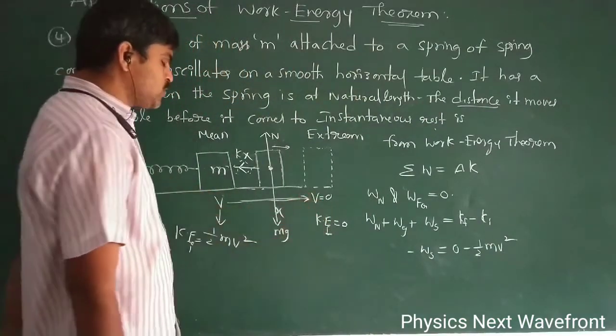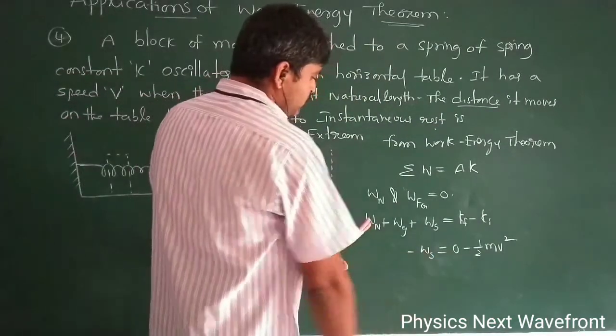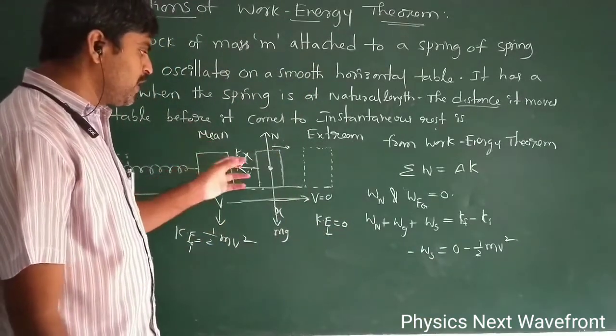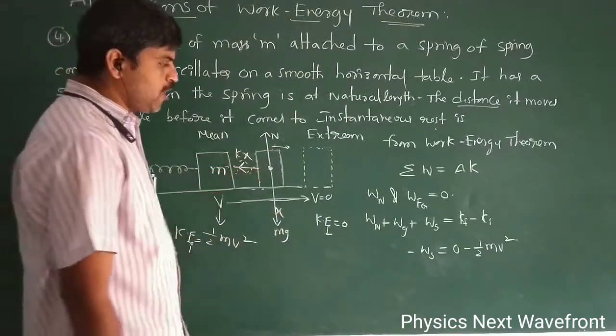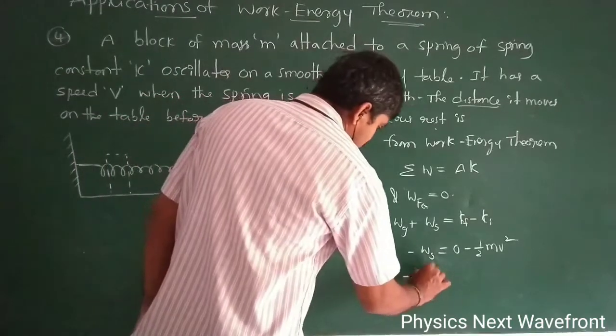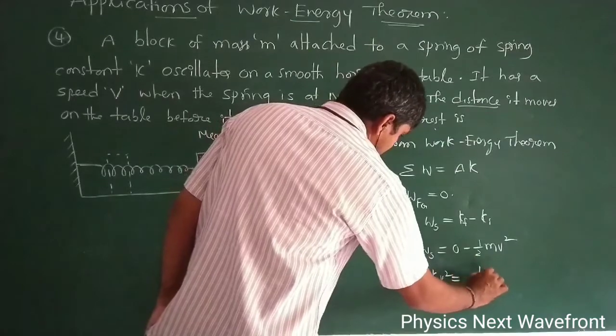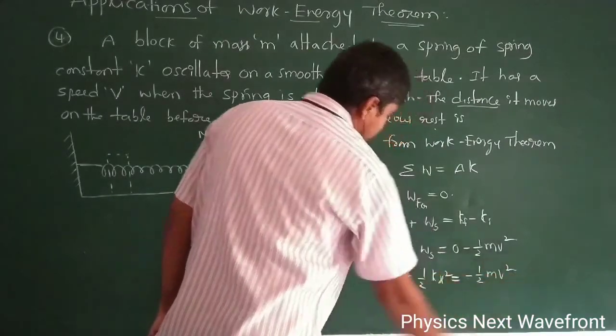What is the work done? The energy stored in the spring, or the work done by the spring, is given by the formula half kx square. So half kx square equals minus of minus half mv square.